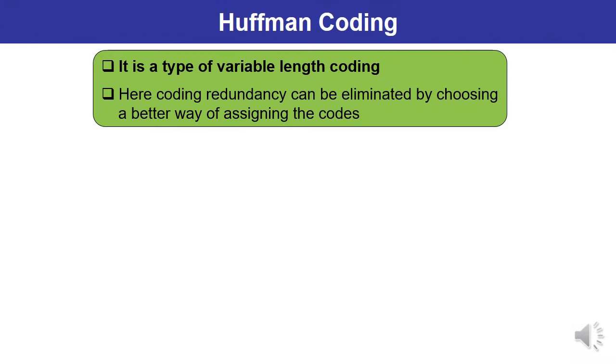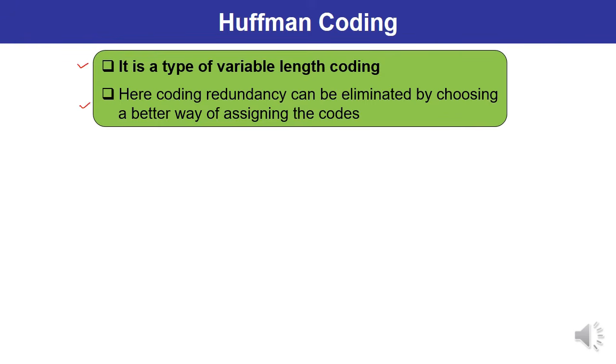Huffman coding. What is Huffman coding? It is a variable length coding. You must remember it. Huffman coding is a variable length coding. Here, coding redundancy can be eliminated by choosing a better way of assigning the codes.